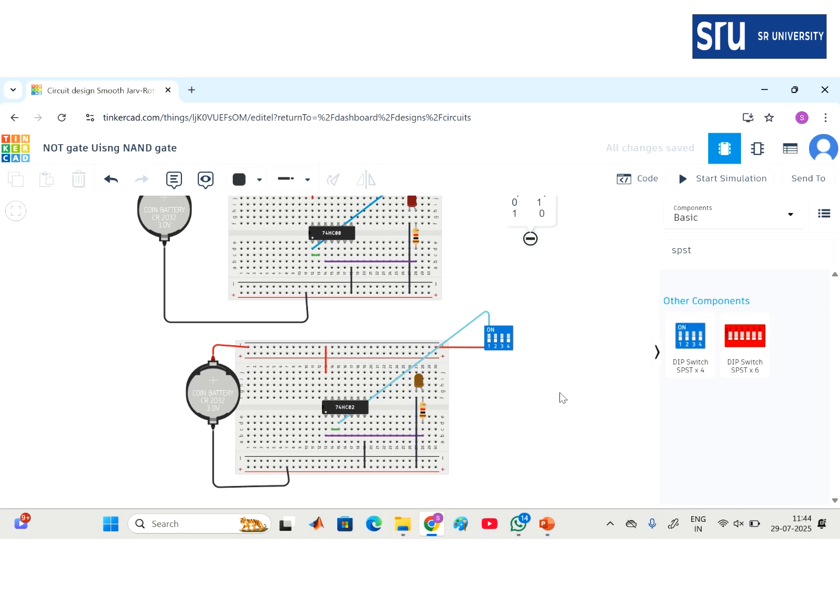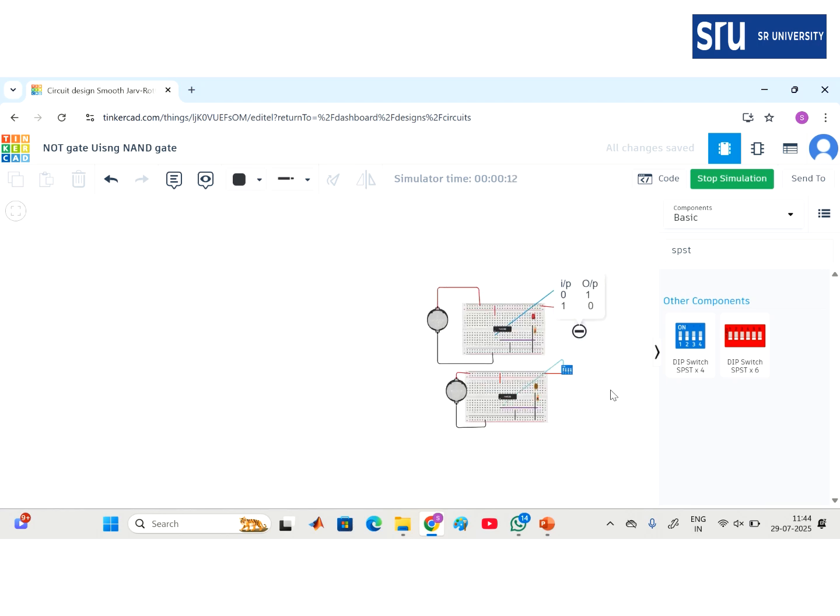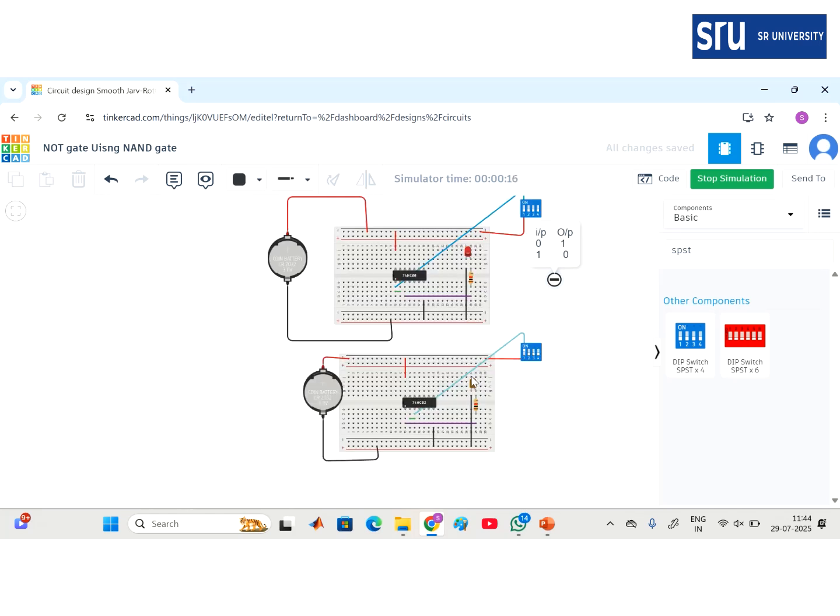Now I have the overall circuit. If I start the simulation, see, even though the switch is in off position, the LED is glowing. So, suppose if I click on the switch, it is in off position. In both the cases I can see, so we have NAND as well as NOR. The LED is on when the switch is in off position.